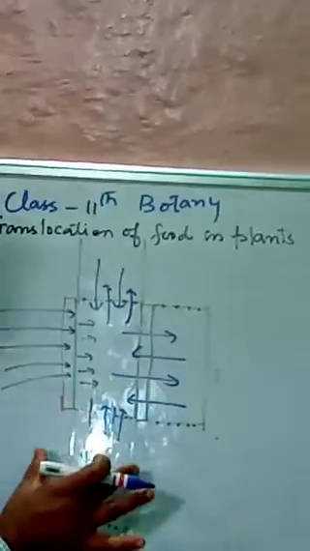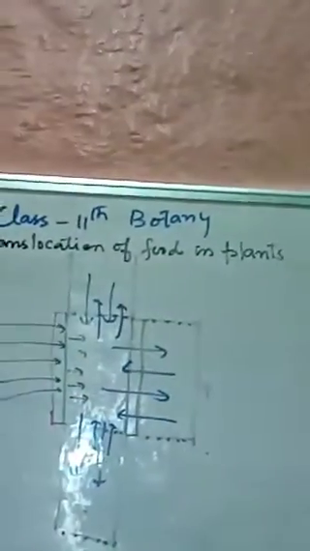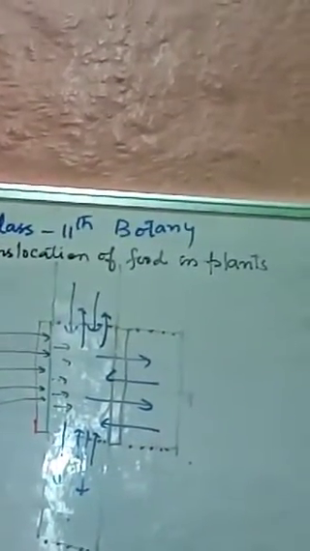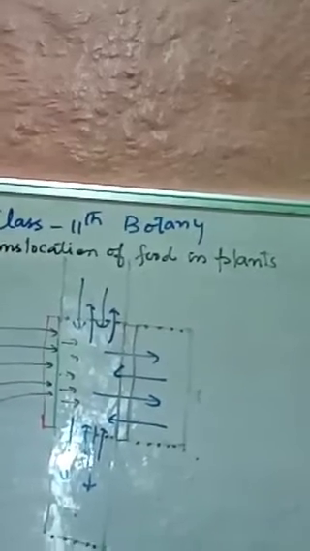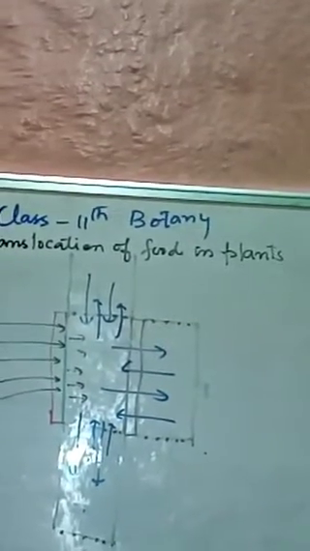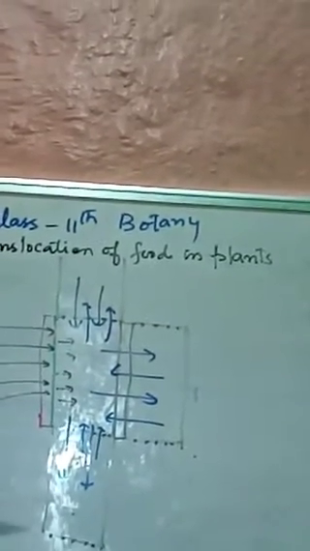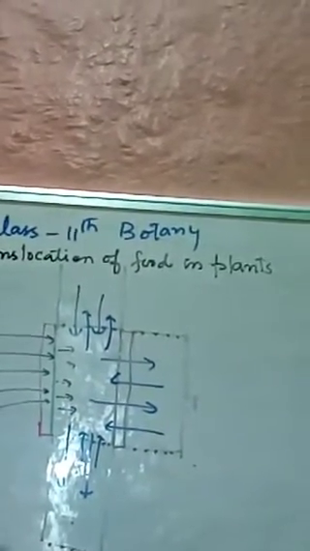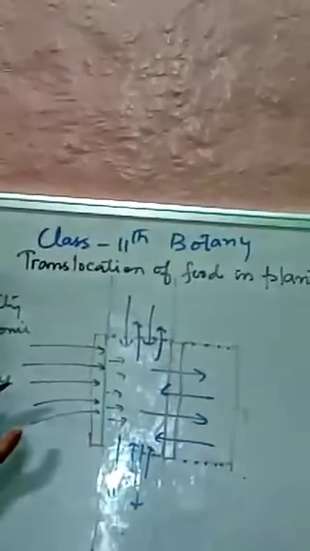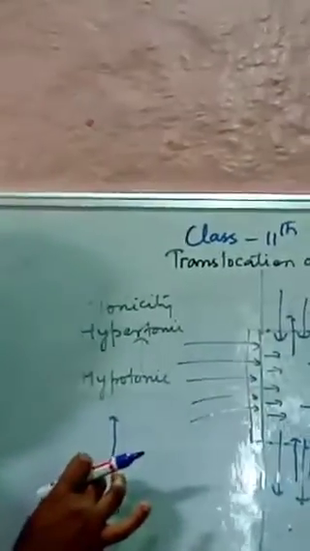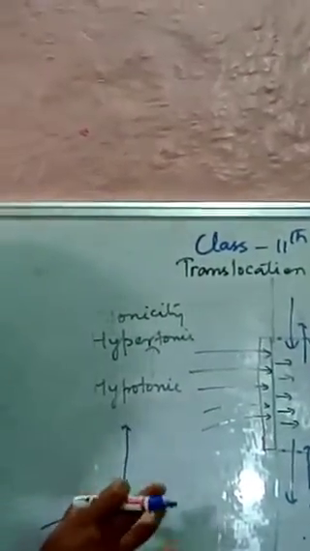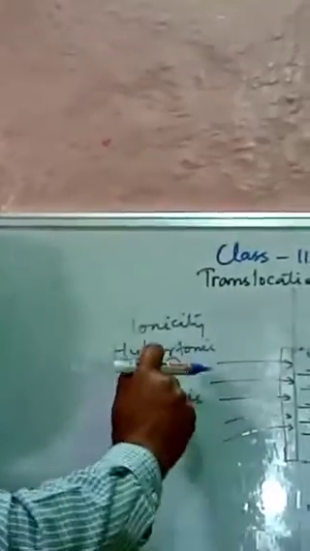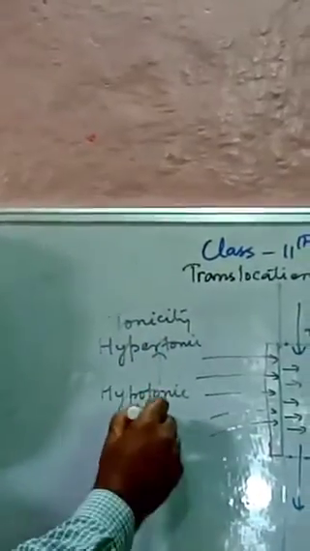Now here we will see the movement of water: from soil to the root, and from the root, because of root pressure and the ascent of sap, water moves from the root cortex to the aerial parts of the plant. Here we will see that water does not come back from the aerial parts of the plant.